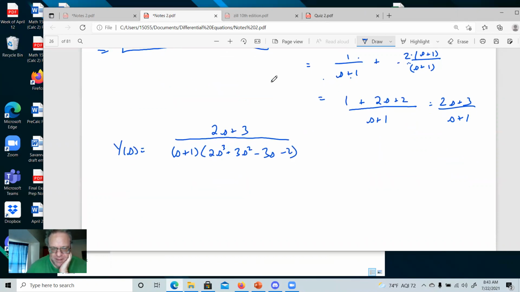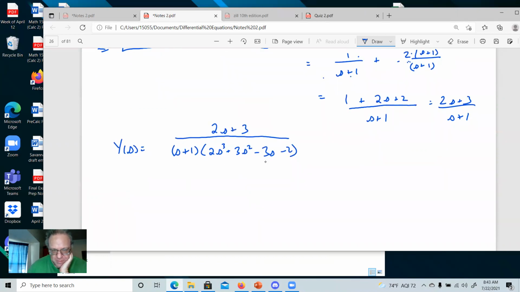Like I said, there might be a cutesy thing we could do with pulling this apart with the difference of cubes, and then we might have a thing going on here. I don't know though. I don't think we're going to get out of this really that easily.